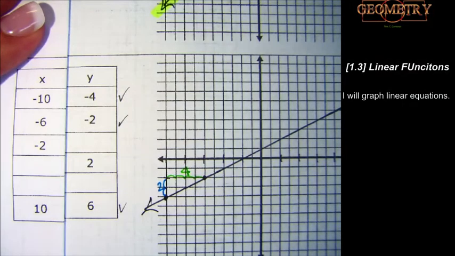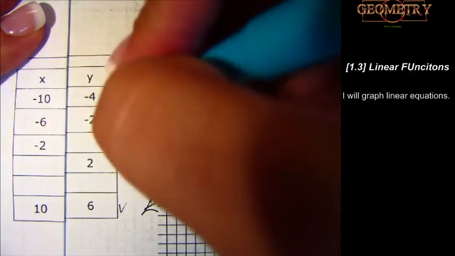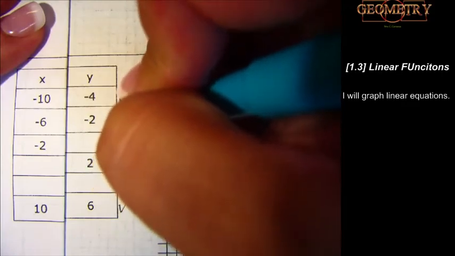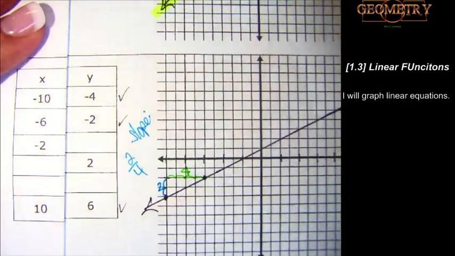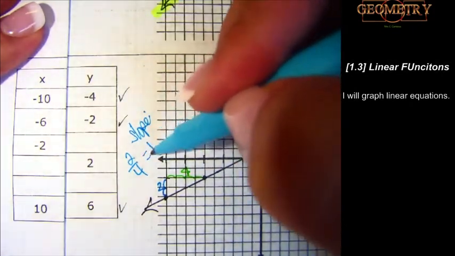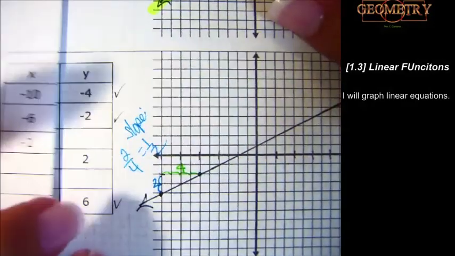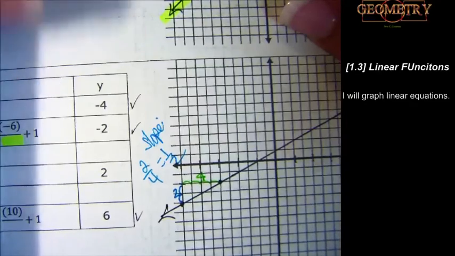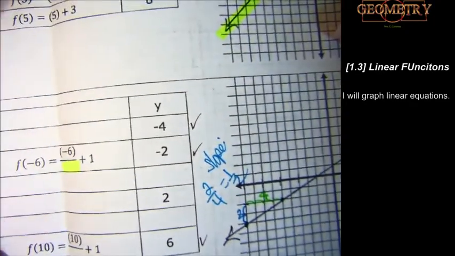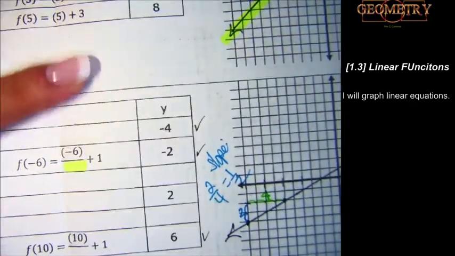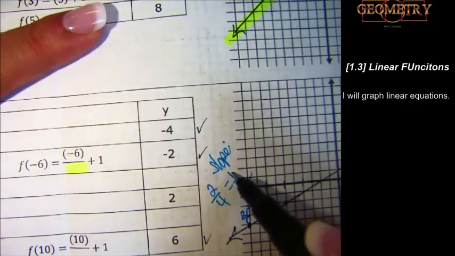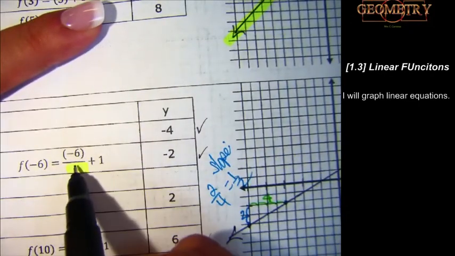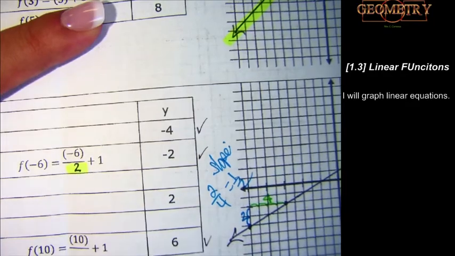So the slope of this thing is 2 over 4, which reduces to 1/2. With it reducing to 1/2, this 1 would be here, and the 2 would be here.